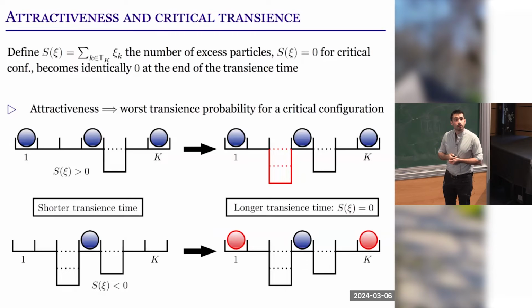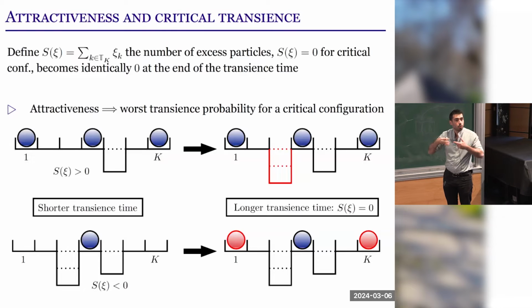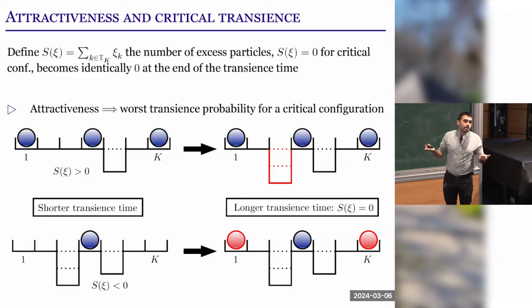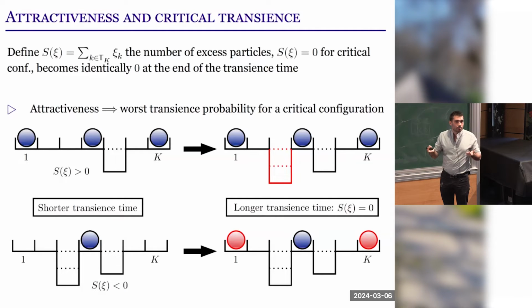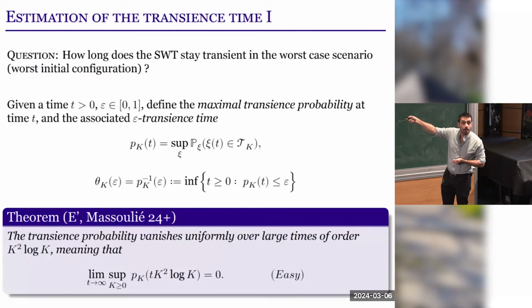Did you fix the total size of the traps? Well, no. It can be changed the way you want. But what I'm saying here is that actually, I can put infinite traps everywhere. Yeah, of course. But then the transience time is very short. So the result must depend on the size of the trap. Well, yeah, because I'm taking the worst case scenario.